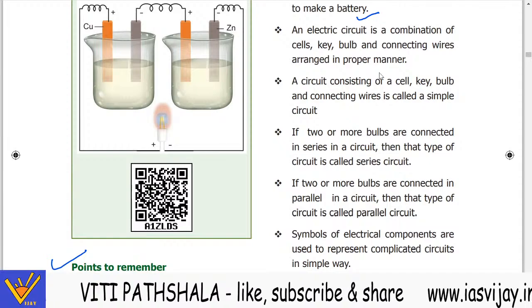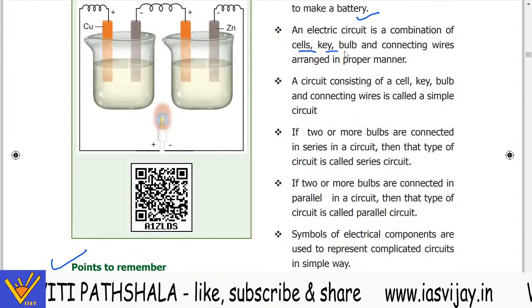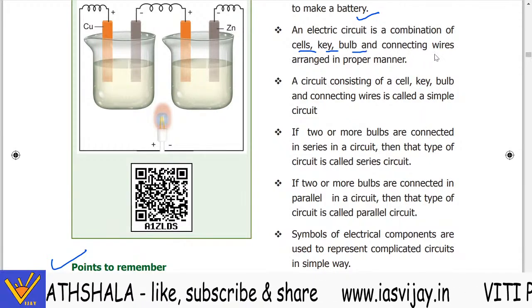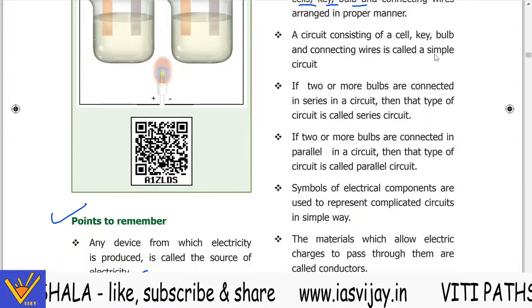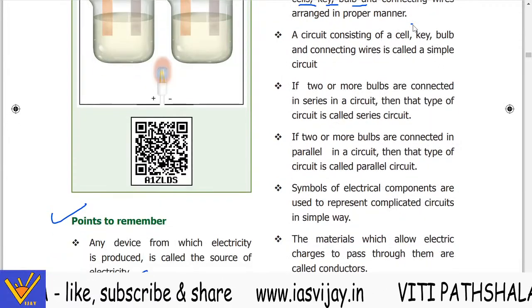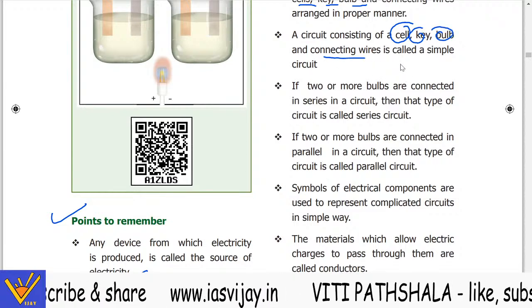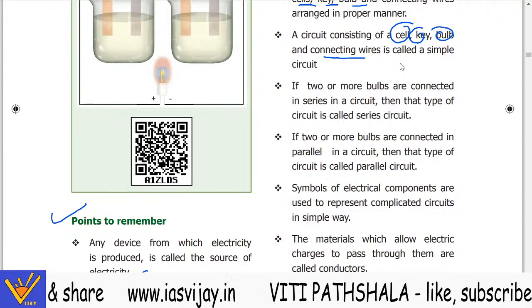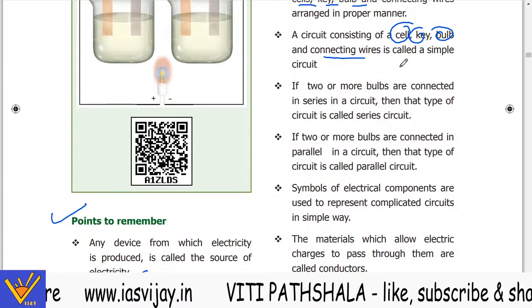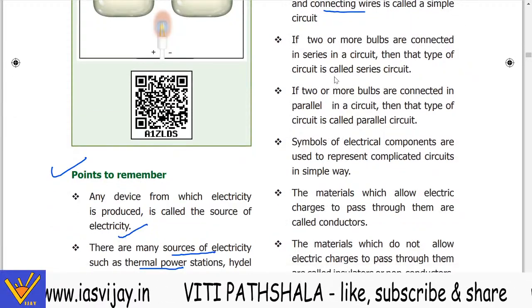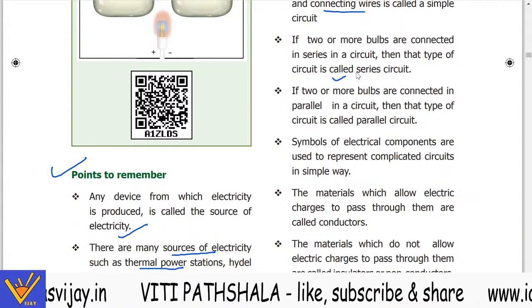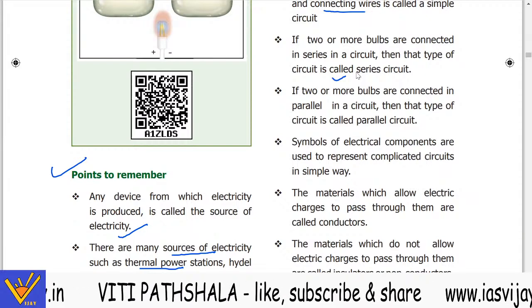An electric circuit is a combination of cell, key, bulb, and connecting wires arranged in a proper manner. A circuit consisting of a cell, key, bulb, and connecting wires is called a simple circuit. If two or more bulbs are connected in series in a circuit, it is called a series circuit.